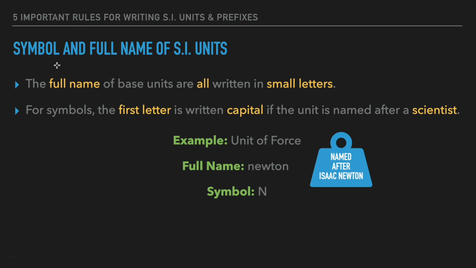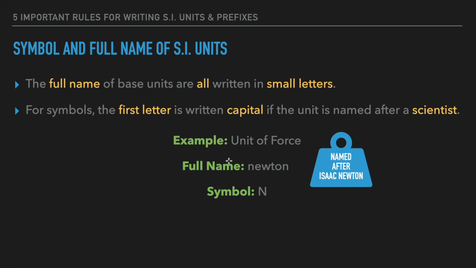So number 1 is the symbol and full name of SI units. The full name of base units is always written in small letters. But in the case of symbols, the first letter is written capital only if the unit is named after a scientist.